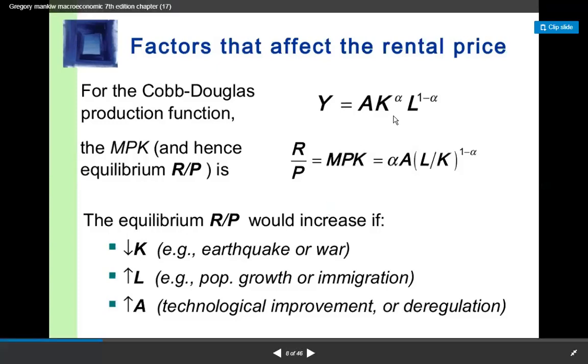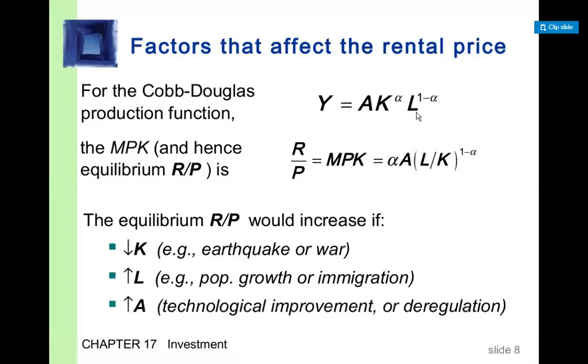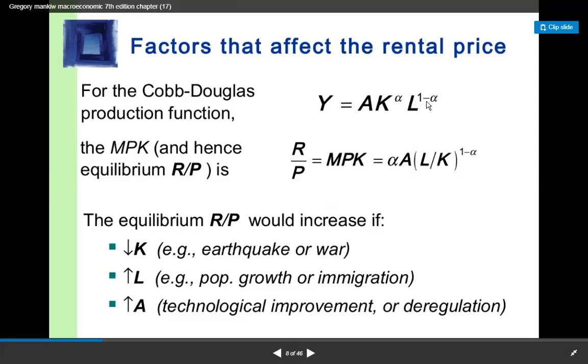Like here, Y is a function of A, which means technology, K means capital, which production firms rent from rental firms, raised to power alpha, L is the labor that the production firm hired, and its power is 1 minus alpha. So here alpha is between 0 and 1.